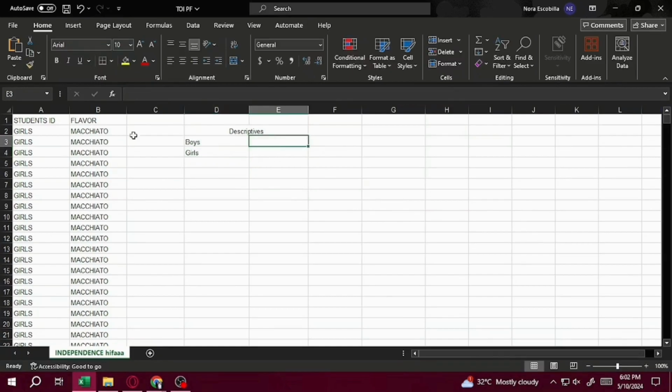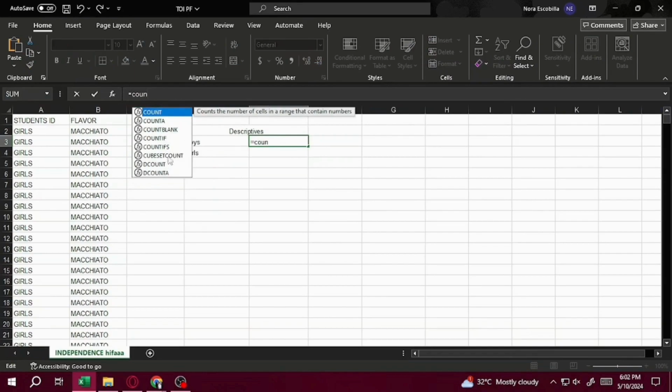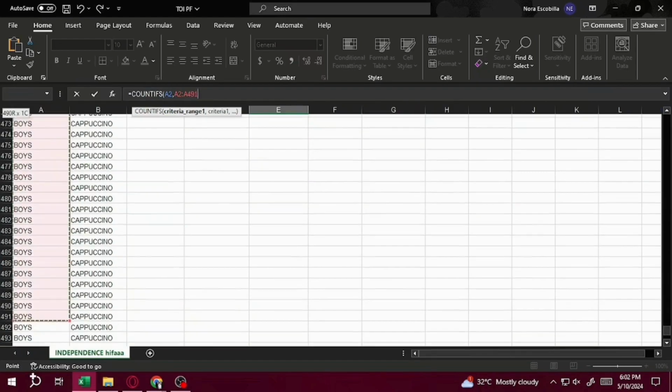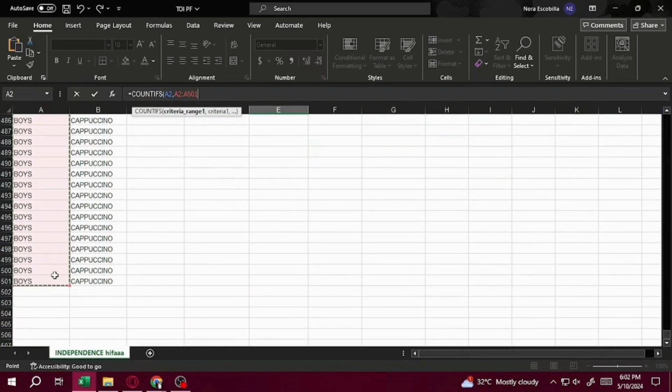The next thing that we need to do is apply the COUNTIFS function, which works by identifying values based on the selected criteria. We simply type the function, selecting the cells or range by holding Control while selecting all the data across the bottom.